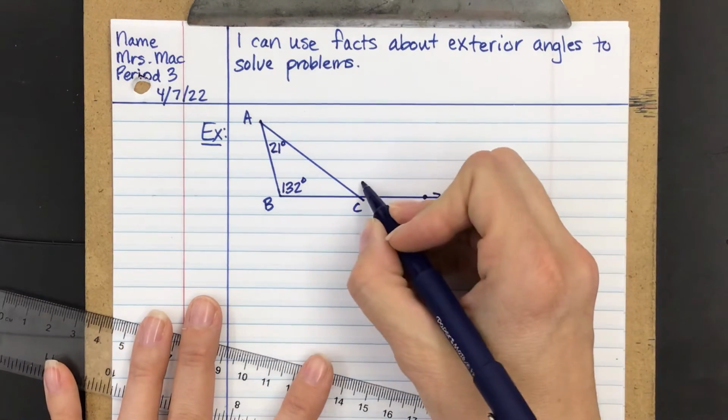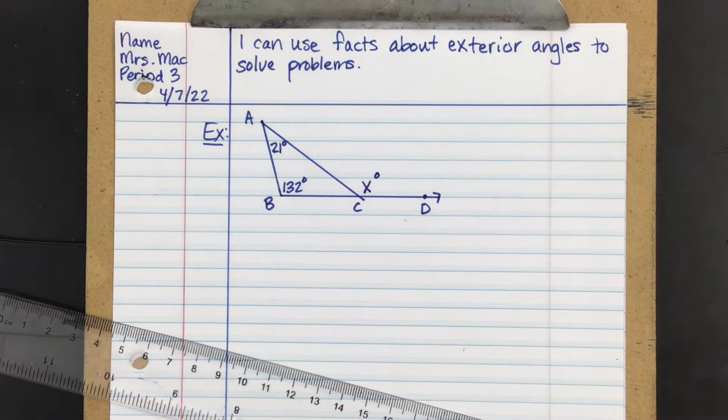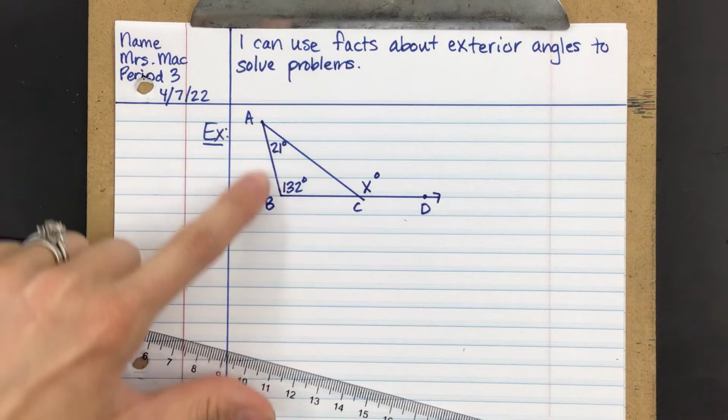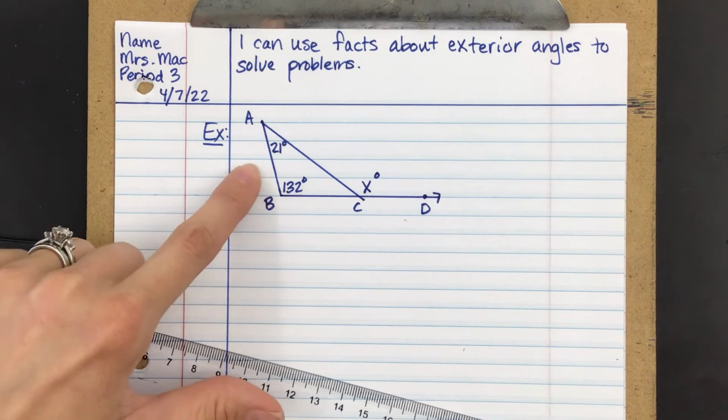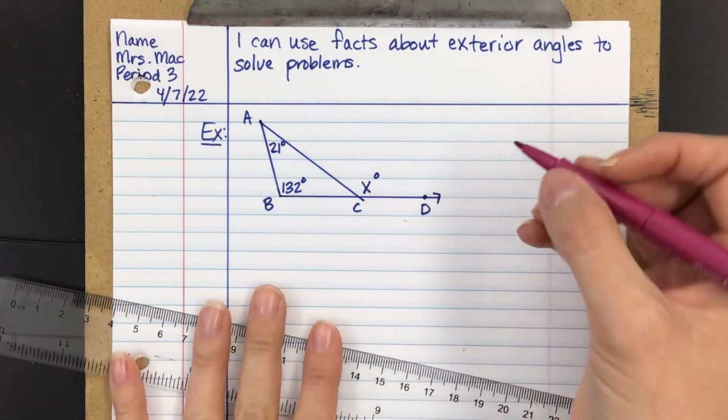Okay, so we're given the two remote interior angles, and for this problem we need to find the measure of the exterior angle. Okay, so our theorem states that when we add these two, that measurement equals this measurement. So what I can do is set up an equation.